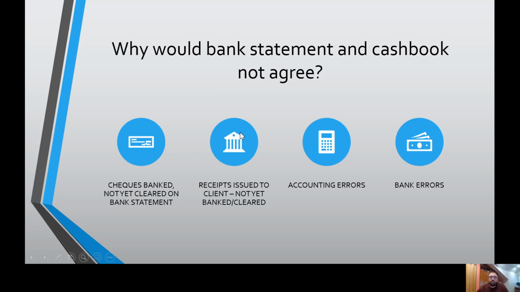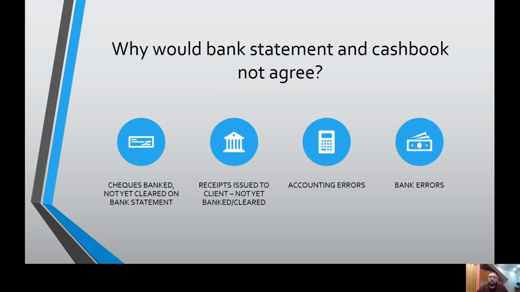The second reason is receipts issued to clients, not yet banked. So let's say a client walks into my office and gives me a 100 Rand note to settle his account on the last day of the financial year. On that day, I decide I'll only go and bank it next week, but I have to issue the client with a receipt that he has paid the money.